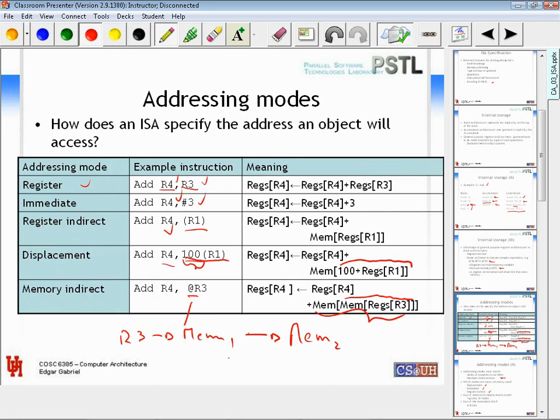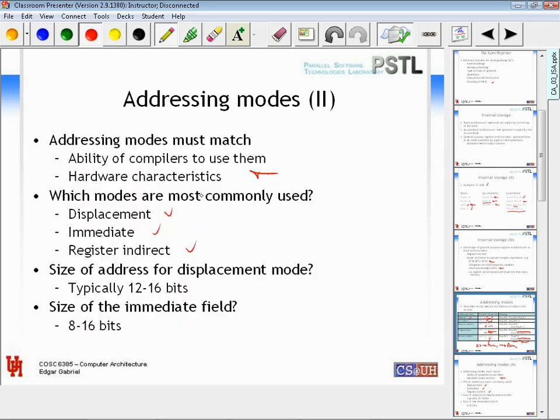The size of the immediate field for immediate addressing, so if you want to add a constant to a particular register, is typically in the range of 8 or 16 bits. Of course, you have some limitations by limiting the size of those fields, but realistically this turned out to be sufficient.